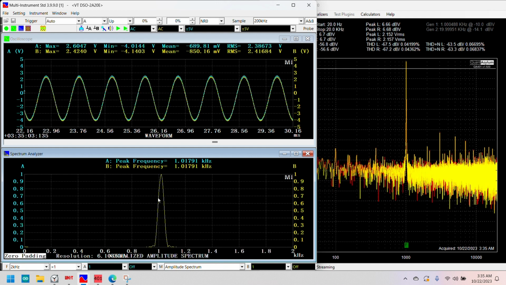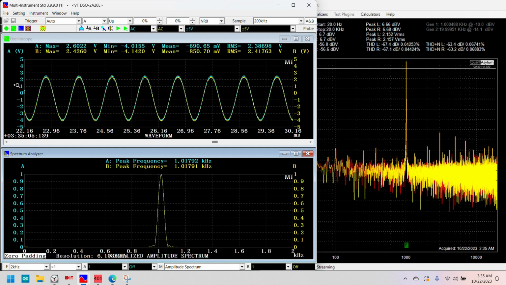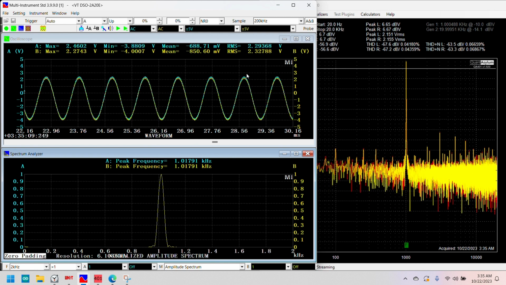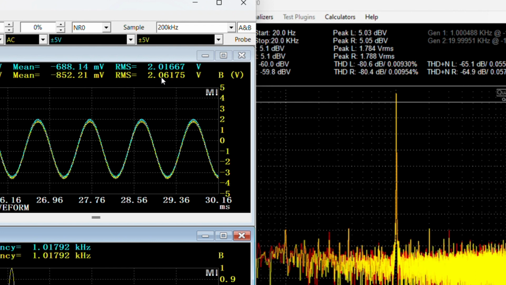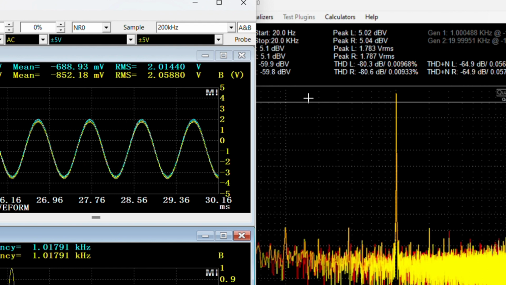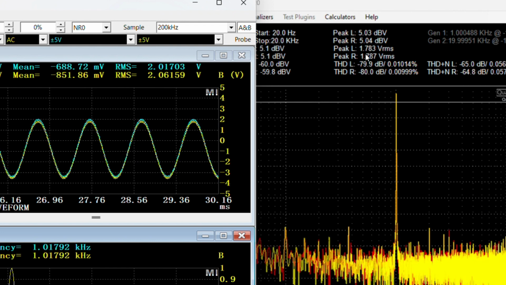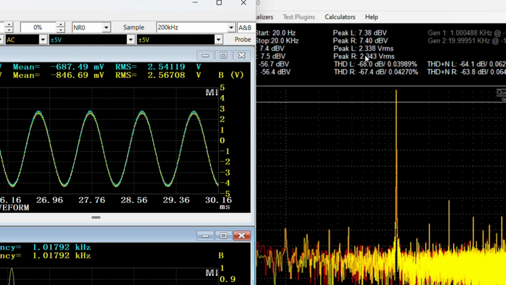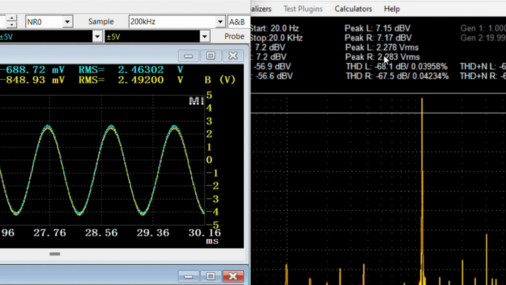So right now, this is the 1 kilohertz signal, sine wave. And the current signal right now in here is about 2 volt RMS. But in here, it's only 1.7. So I'm going to trust this one. That will be like 2.2, 2.1. Well, not to be exact. So what's meant by that?